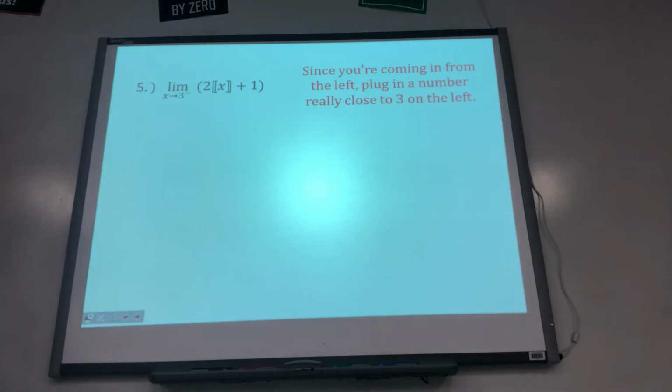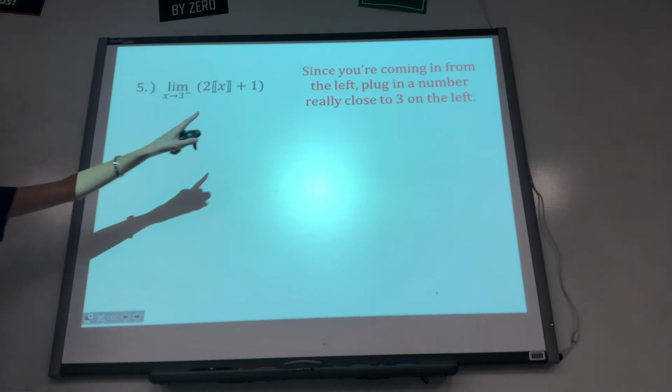It says, since you're coming in from the left, don't just plug in 3, plug in a number really close to 3 on the left. I'll explain that more once you get that copied. Since you're coming in from the left, plug in a number really close to 3 on the left. Can't just plug in 3. It works differently.